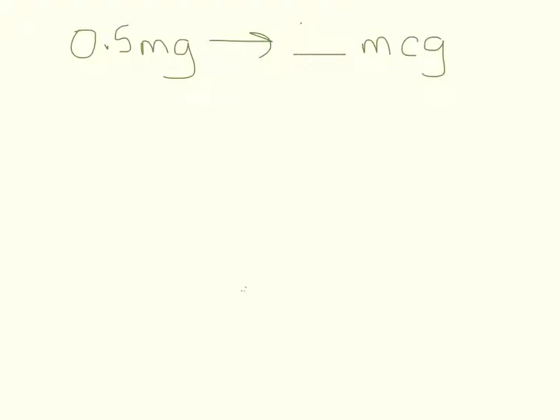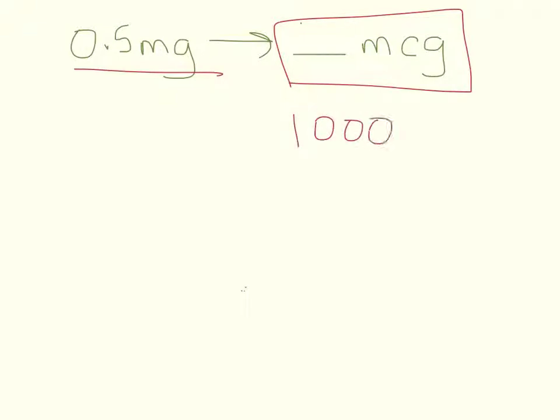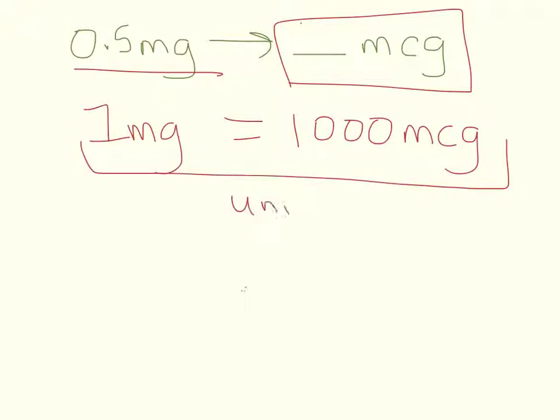So the first thing that we need to do is get our order of 0.5 milligrams into its microgram conversion. So we need to remember our metric system unit chapter that we have tested you on previously. So hopefully you remember that 1,000 micrograms is equal to 1 milligram. And we're going to use this. This is our first unit fraction that I've been talking to you about in class.